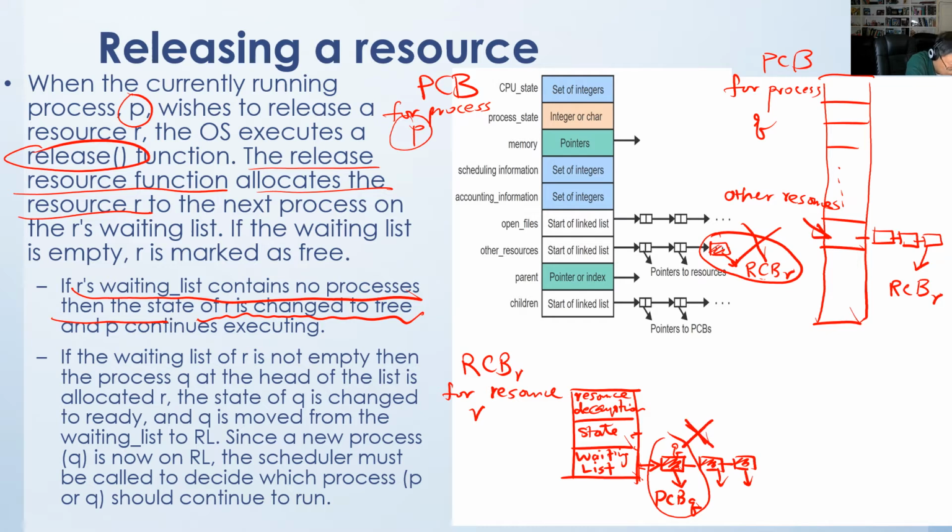Q will be removed from here and the RCB R put on the list of other resources for PCB Q. And then what else do I need to do? Then we're going to put the process Q on the ready list, right?